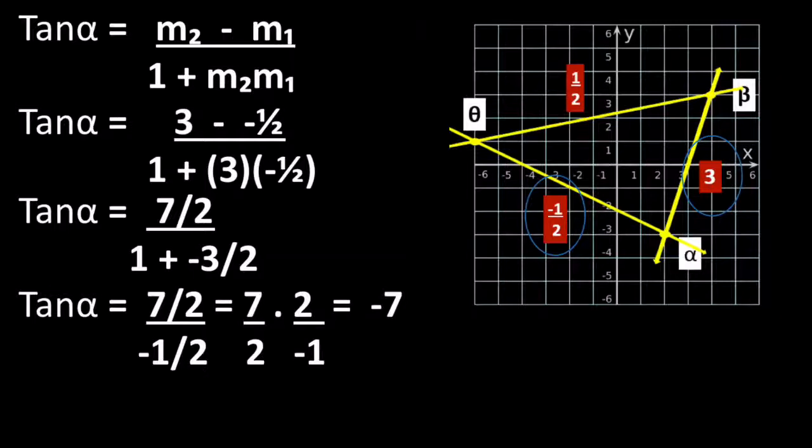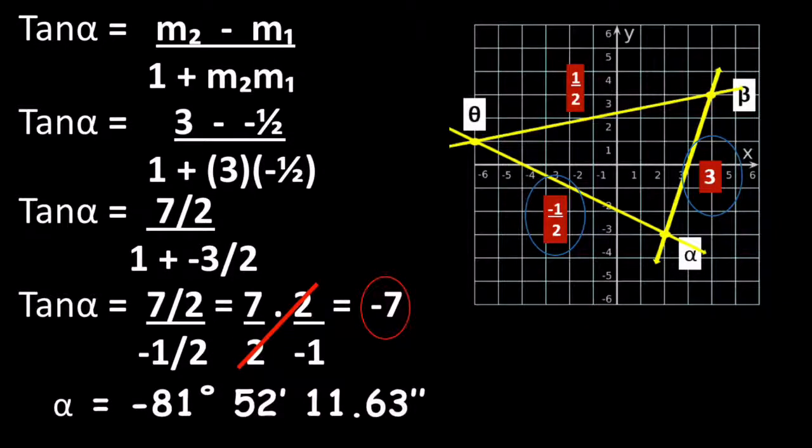We would get the reciprocal of negative 1/2. It would then be equal to 7 over 2 times 2 over negative 1, which equals negative 7. The answer would be negative 81 degrees, 52 seconds, and 11.63 milliseconds. We would get the positive value of that, so it would be 81 degrees, 52 seconds, and 11.63 milliseconds.